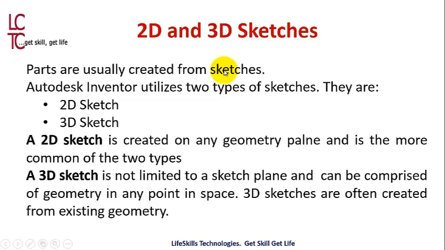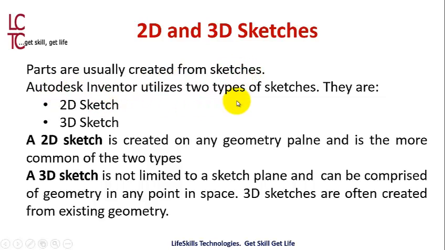In Inventor, we normally create a closed sketch, a closed entity, because if it is not closed, it may be difficult to extrude or to revolve or to sweep or to work on that sketch to develop it into a part. I'm going to talk more about that shortly. But know that before you can create any machine part, you must know how to work with sketch.